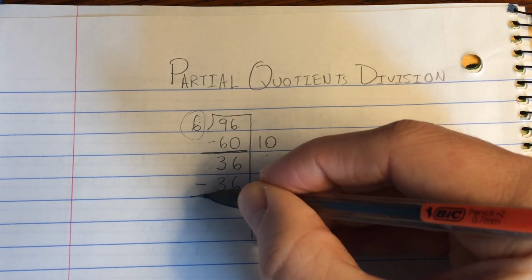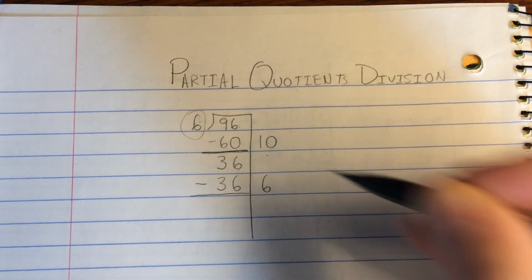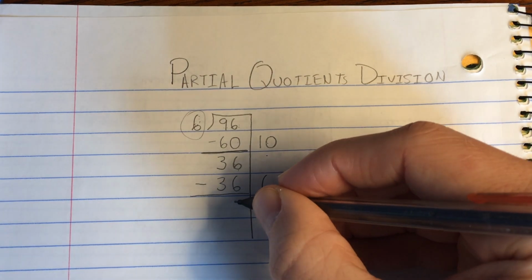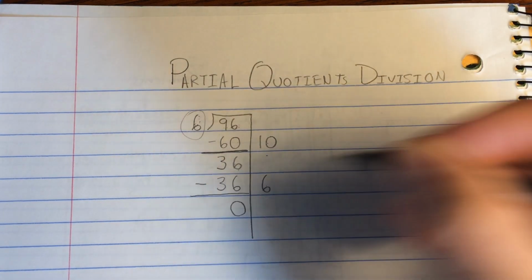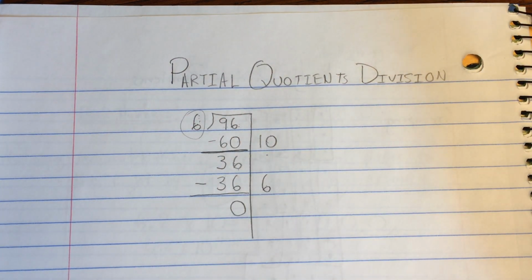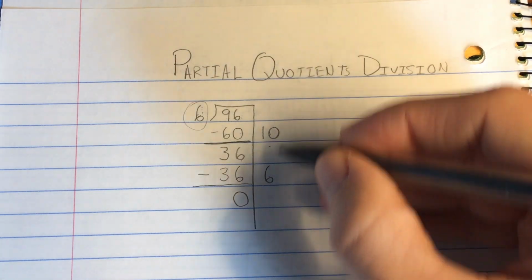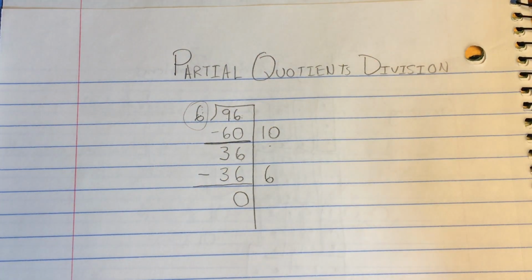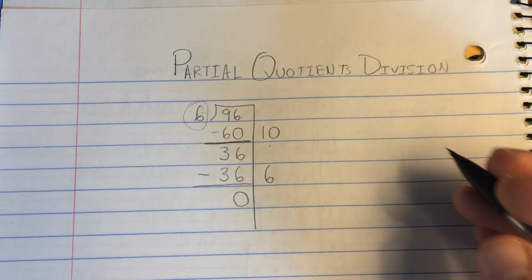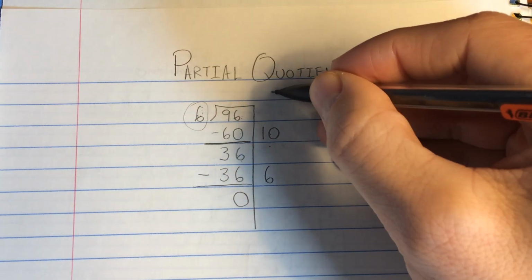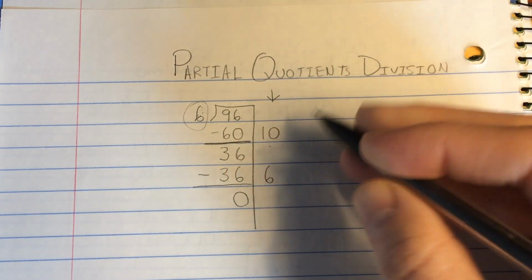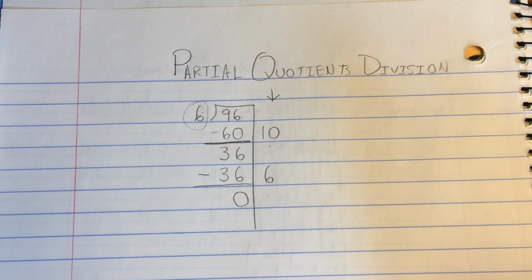Now, what is 36 minus 36? 0. We have nothing left over, which means we have nothing left to divide or multiply. So is our answer 10 and 6? Not quite. There's one more thing we need to do. Anything you have in this column here, we need to add up at the end.